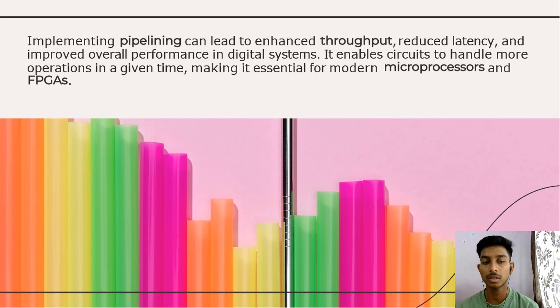It's no longer about one step at a time, but multiple steps moving in harmony, simultaneously. Without pipelining, digital systems handle tasks sequentially, leading to delays and underutilized resources in the products. Major impacts are that pipelining enhances throughput, reduces latencies, etc.